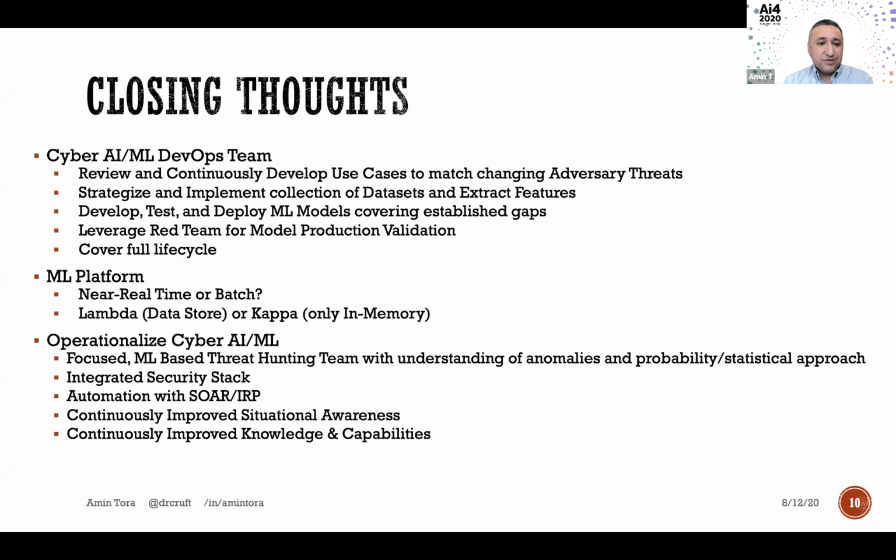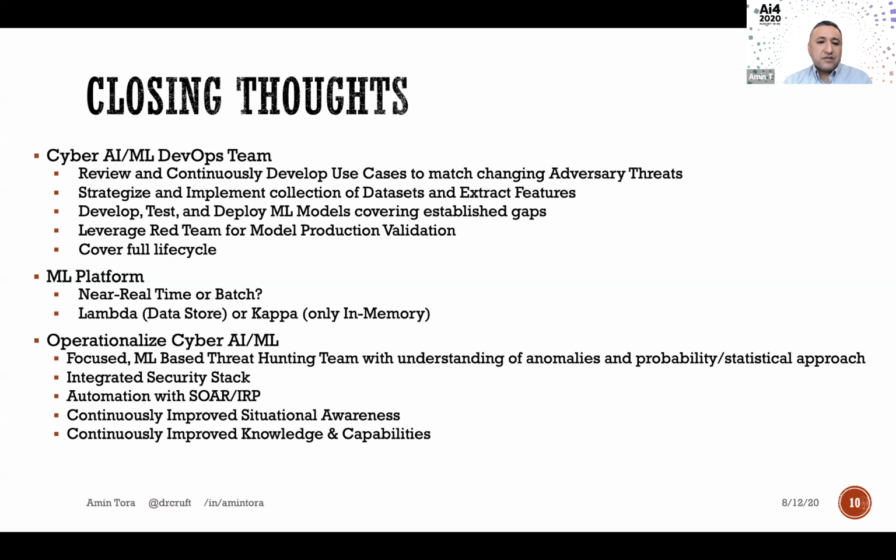So for that, you need to make sure you have the traditional team ready, and you need to put together, I think to be effective, organizations should establish cyber AI ML teams with more of a DevOps approach, where you review and continuously develop use cases and focus on the actual threats from adversaries.